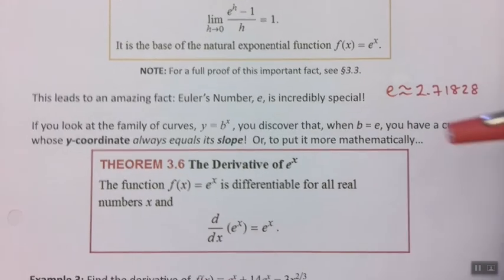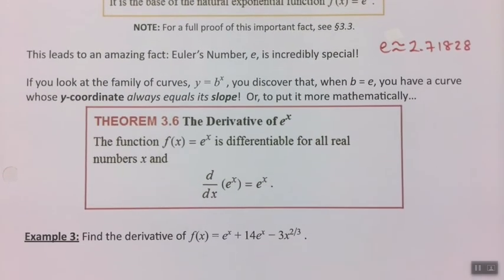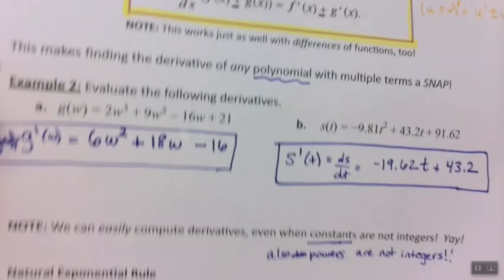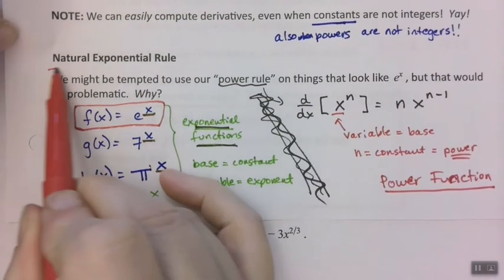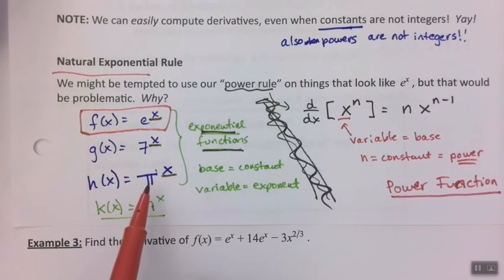It's like pi. It's a number that has no repeating pattern and has lots of special properties. Now I'm not dealing with the 7 to the x and the pi to the x yet. The rule for those is coming. Right now I'm just dealing with e to the x, the natural exponent, Euler's number. The rest of these will come soon in another section.